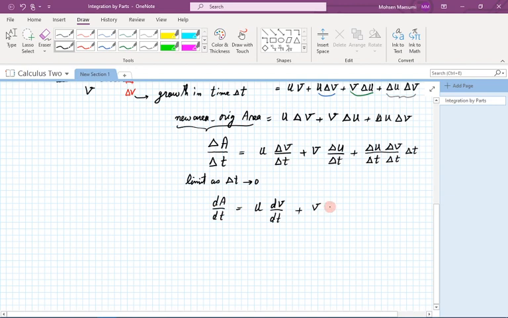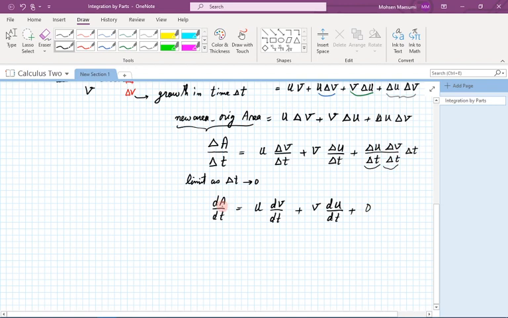This is v du dt. And how about this one? If this is du dt and this is dV dt, these are 2 finite quantities. You multiply them by something that's going to 0, that whole thing is going to go to 0. Because of this extra delta t over here, and these being just some numbers, you multiply by something that goes to 0, that vanishes.